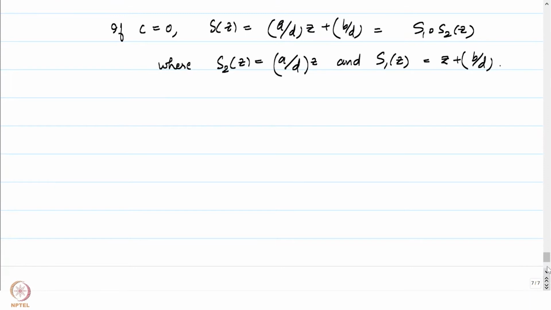The more difficult case, or rather more complicated case, is when c is not equal to 0. In the case when c is not equal to 0, we will need more Mobius transformations, more of these elementary Mobius transformations.